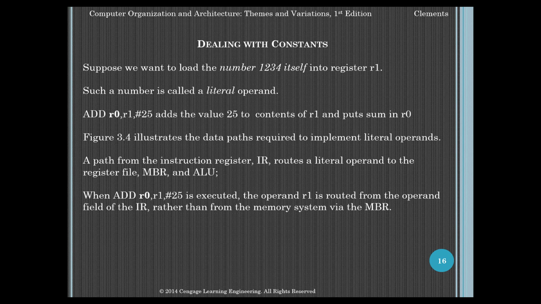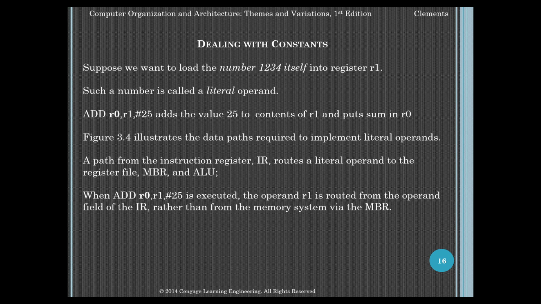So we can see here, for example, we have add, where register 0 is where our data will go, the value of register 1, and the literal value of 25.